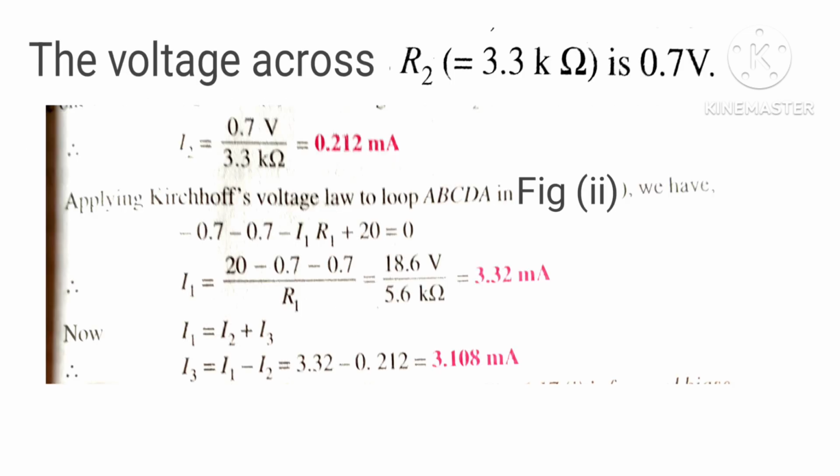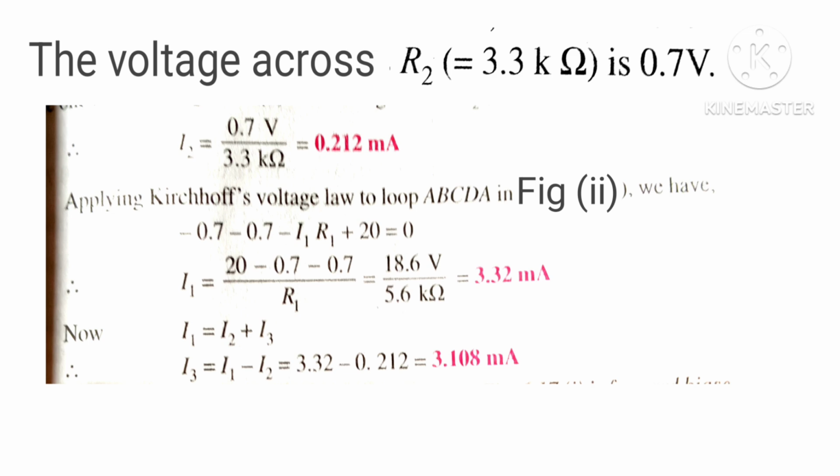The voltage across R2, that is 3.3 kilo ohm, is 0.7 volt. So I2 equals 0.7 volt upon 3.3 kilo ohm equals 0.212 milliampere.